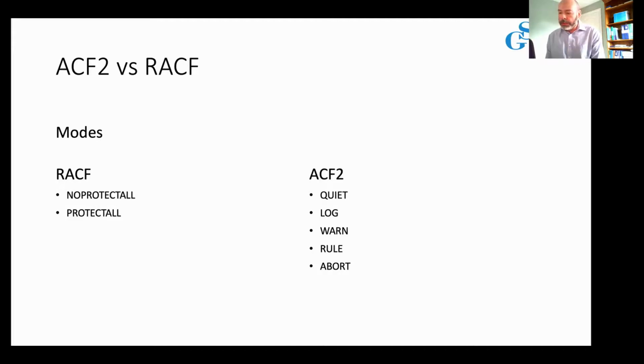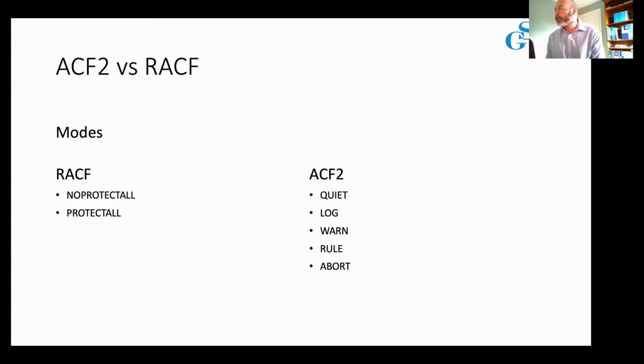Rule I will come back to. Abort is when ACF2 is in full mode and will reject any unauthorized access and issue a violation message to the syslog. Now, rule is a kind of an odd one in that rule will look for the mode value in the rule that you are trying to access.